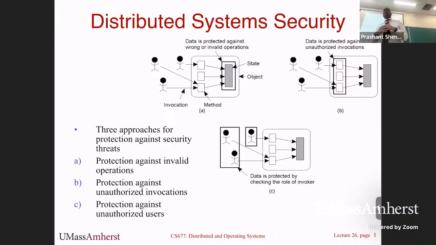Okay, so first of all, why is this topic related to distributed systems? If you remember, our definition of a distributed system is a set of independent computers that are connected via some communication medium and running some application component.